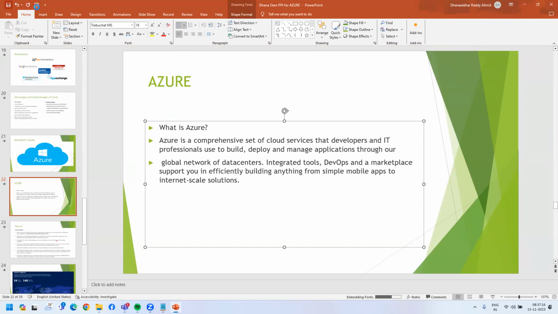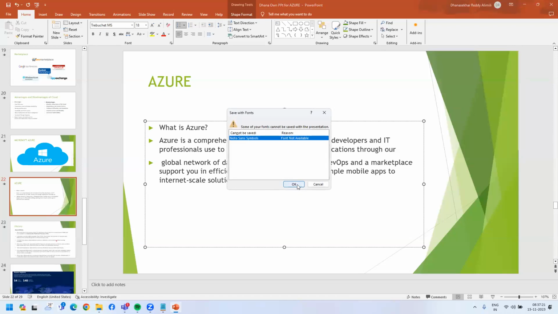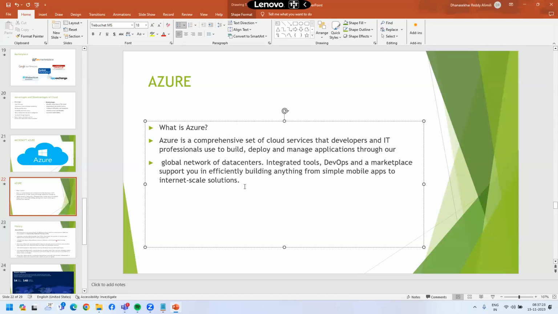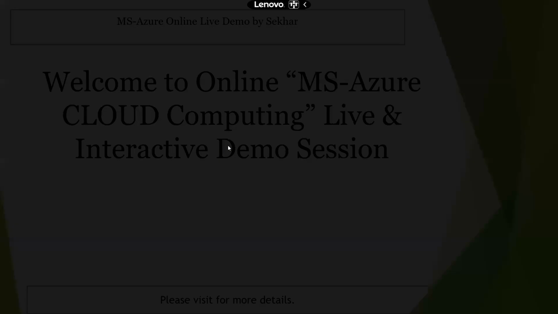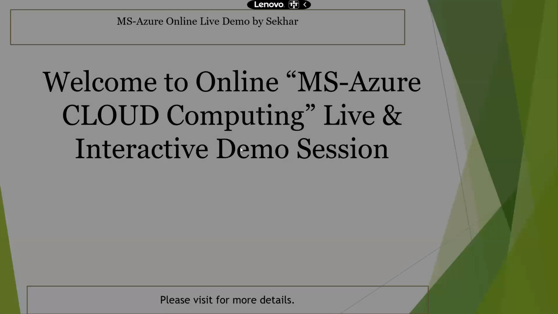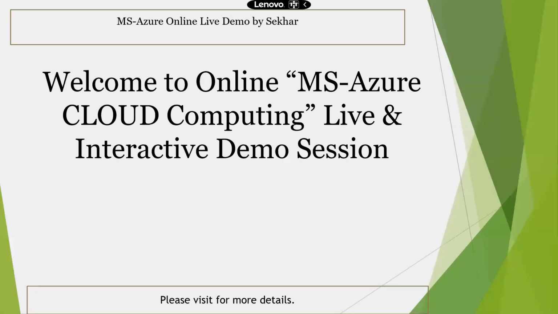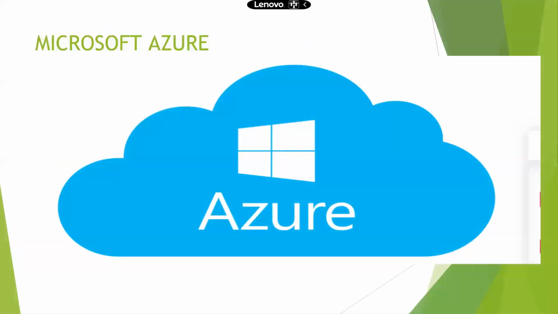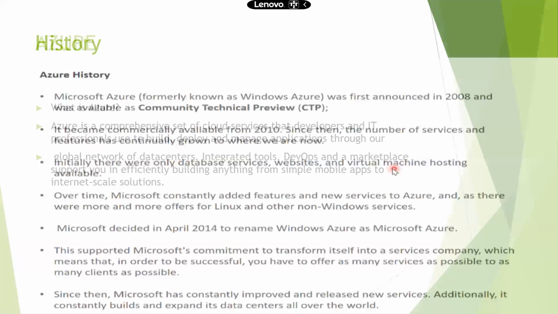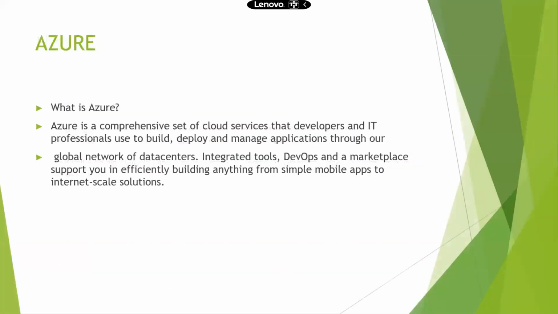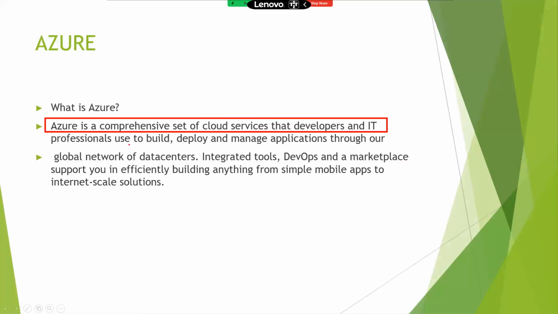You know, right? If you go for Microsoft Cloud, Microsoft has its own data centers around the world. I can say in 140 countries Microsoft has its own data centers. That's what I'm telling: Azure is a comprehensive set of cloud services where we can build, deploy, manage, and access applications through global network data centers.